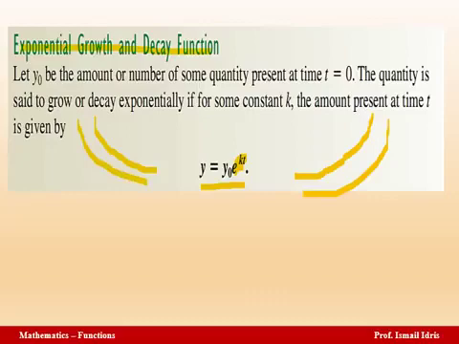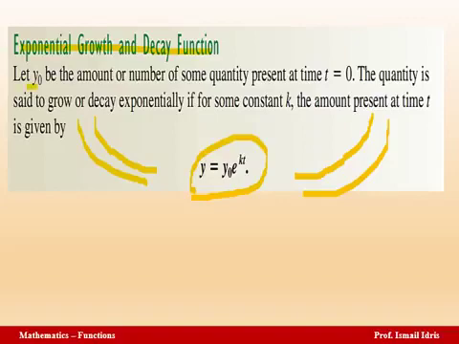So again, this function y equals y naught e to the power kt is called the exponential growth and decay function. If the power of e is positive, it is a growth function. If the power of e is negative, it is a decay function.